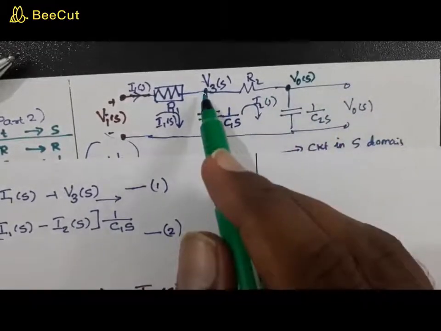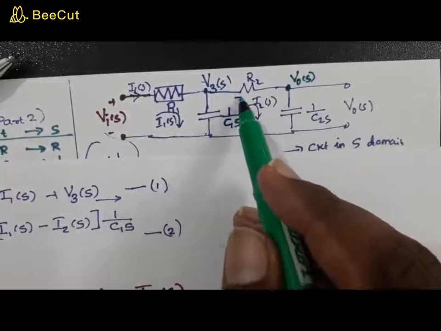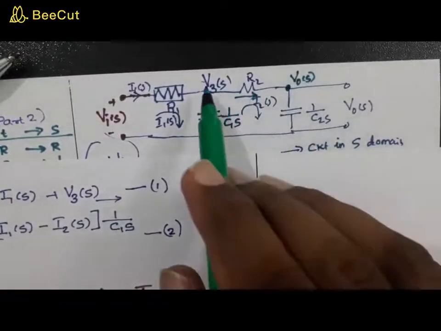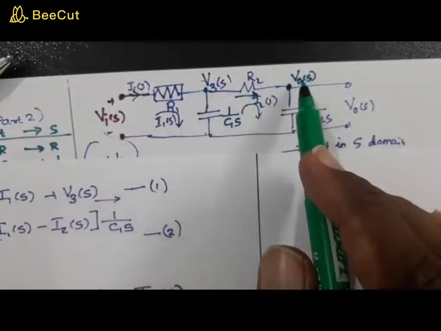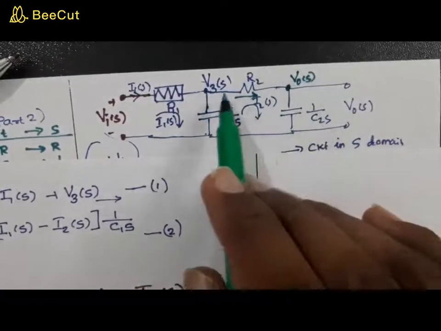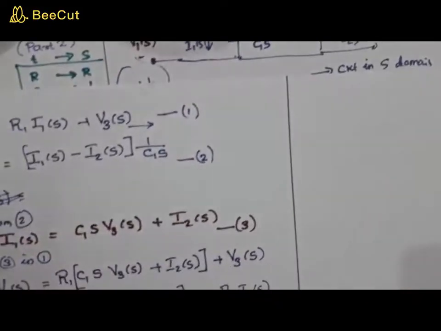Now these are two nodes, right? V3 of s and V0 of s. So how will you find the current flowing through this? This is V3 of s, this is V0 of s, and the current flowing through that will be the potential difference divided by the resistor. So you can write I2 of s to be equal to what?